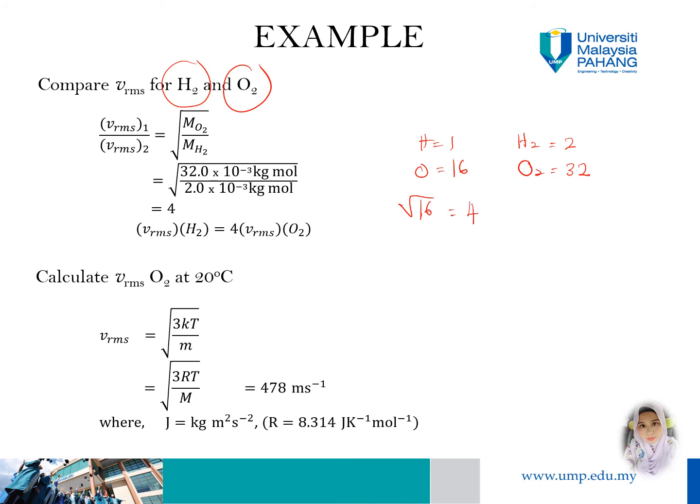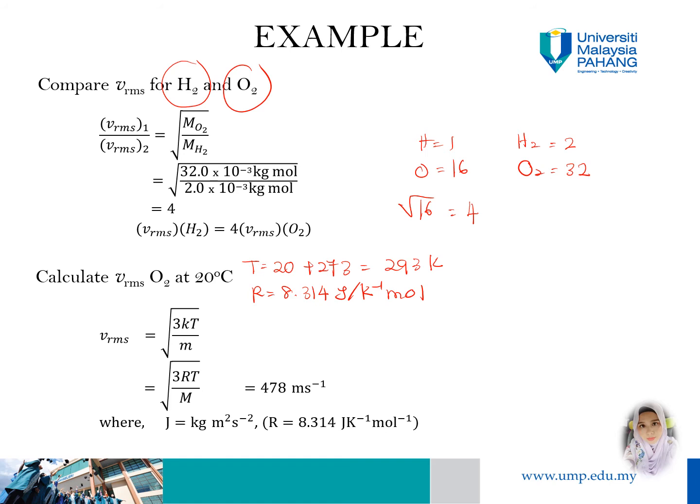And then secondly, calculate the root mean square speed of oxygen at 20 degrees Celsius. First, we need to find the temperature in Kelvin units. So T is equal to 20 plus 273, so we get 293 Kelvin. Then for R, we use 8.314 J per K mole.